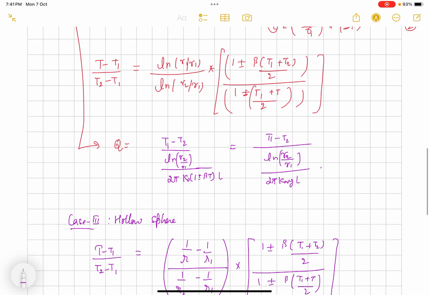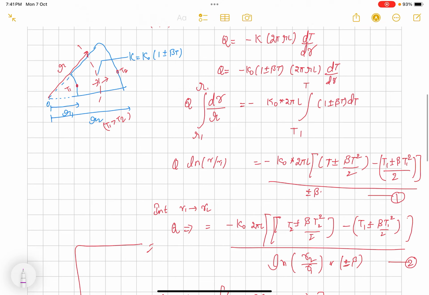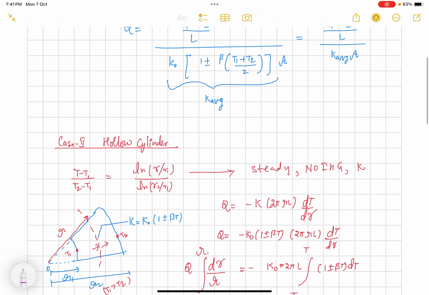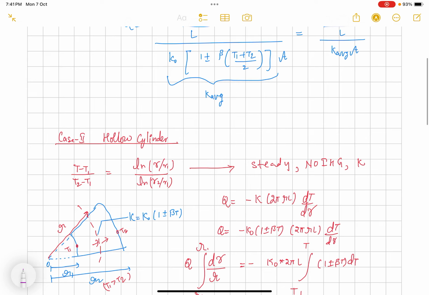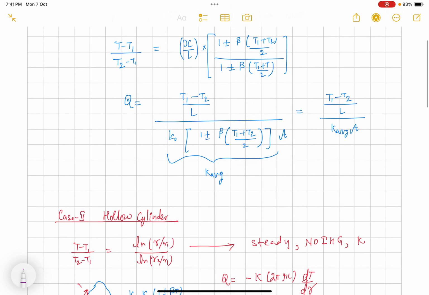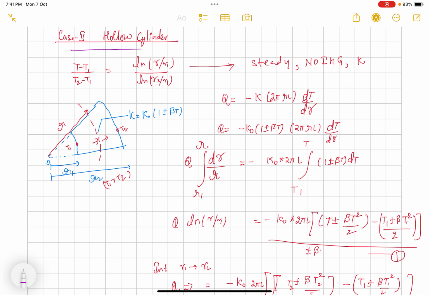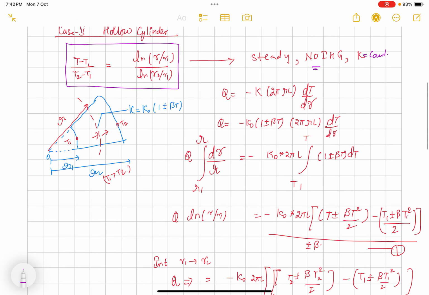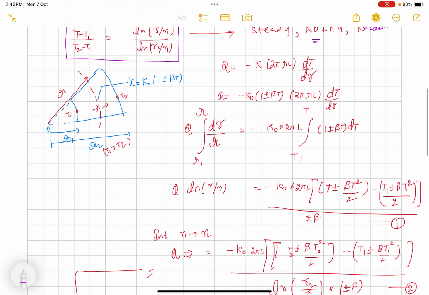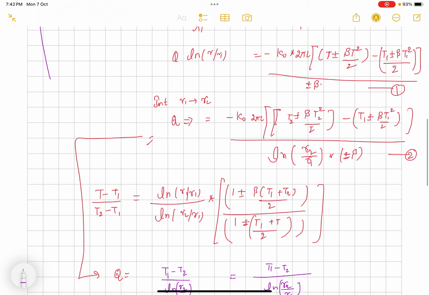Okay, so this is all about heat conduction when there is variation of thermal conductivity. Sorry, one thing I forgot to tell you: for steady state heat transfer, when there is no variation of thermal conductivity and no internal heat generation, we got this temperature distribution. But when there is variation of thermal conductivity and all other things are the same, we got the temperature distribution like this.